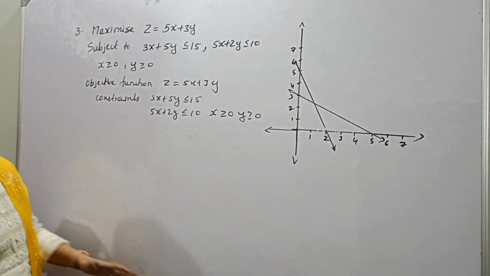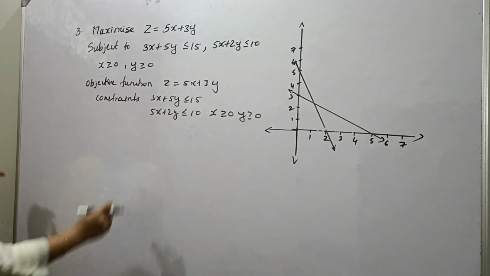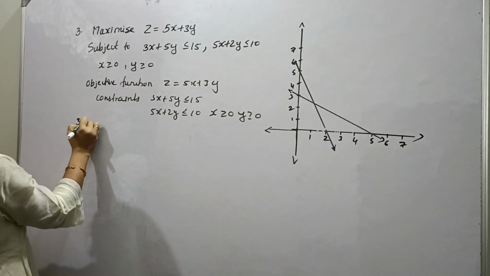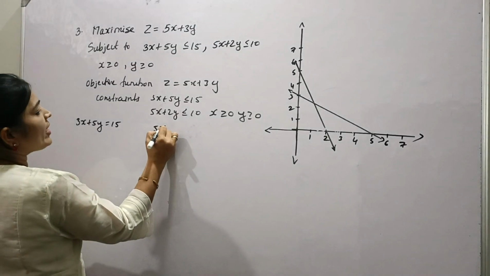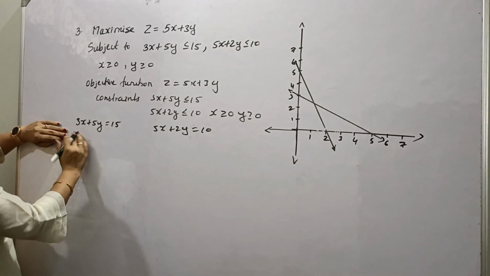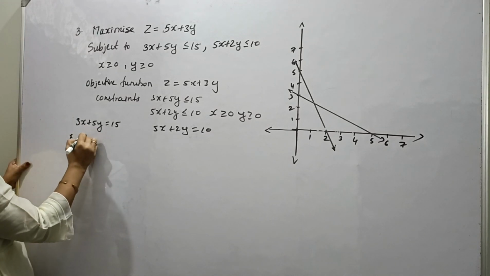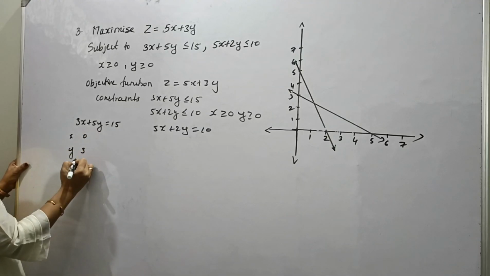So here first of all we have to draw the graph, right. So for that we have to find x and y values for each inequality. That is, first of all 3x plus 5y is equal to 15 and 5x plus 2y is equal to 10, okay. Then x, y, put x is equal to 0, what is y? When x is equal to 0, y is equal to 3, right?